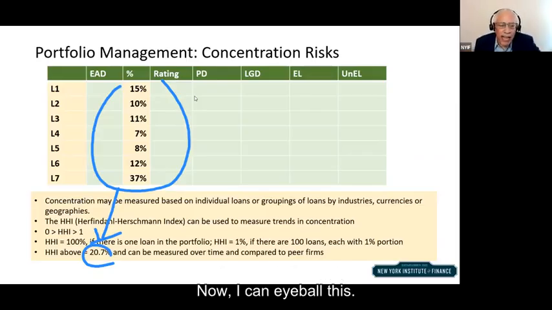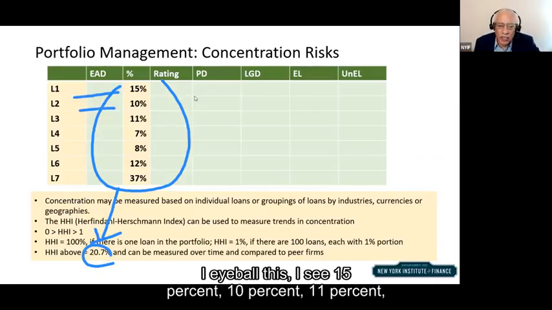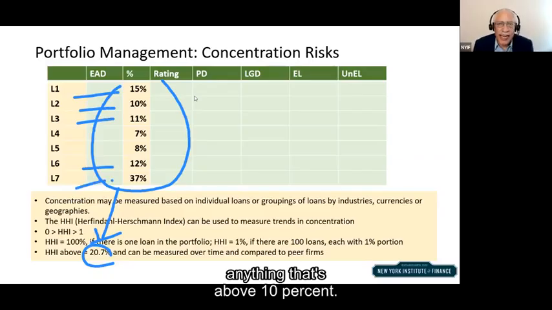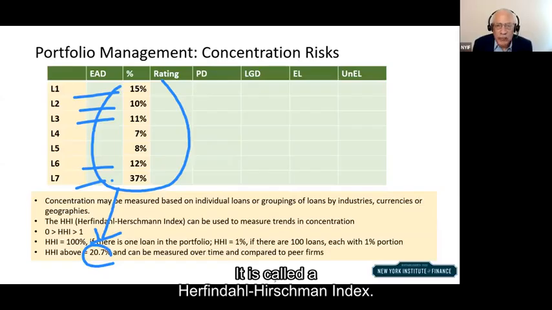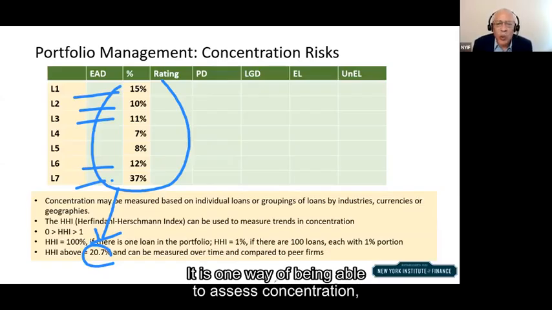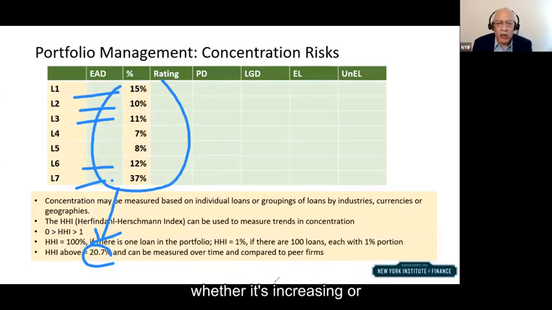Now, I can eyeball this, right? I see 15%, 10%, 11%, 12%, 37%, anything that's above 10%. But I also can use a metric. So as I measure concentration from period to period, it is called a Herfindahl-Hirschman index. It is one way of being able to assess concentration, whether it's increasing or decreasing from period to period.